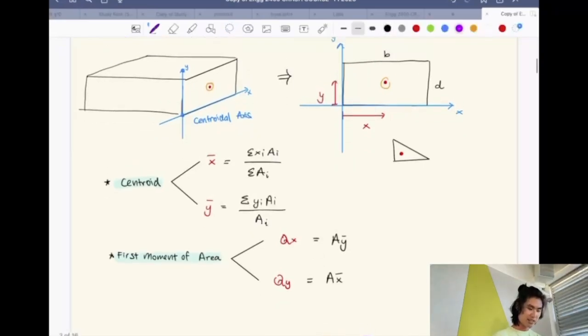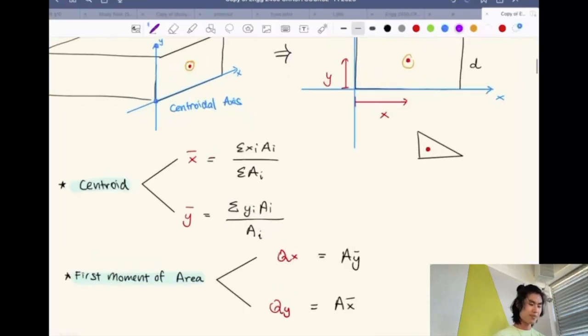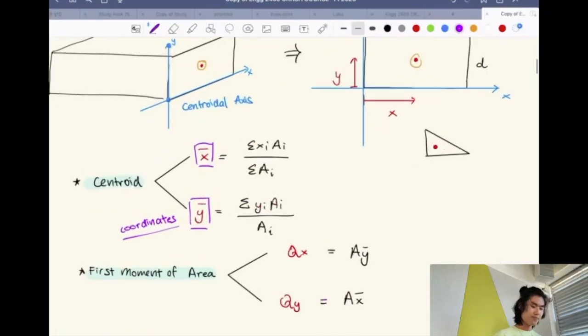So to calculate a centroid, basically, this is denoted by a little x hat or x bar, usually. And then for the y centroid, it's going to be a y bar. So these are actually coordinates. When you calculate a centroid, you'll usually say the centroid is at these coordinates.